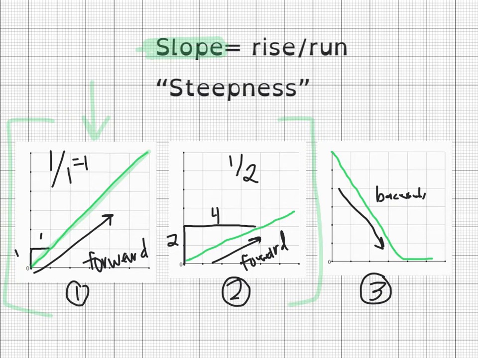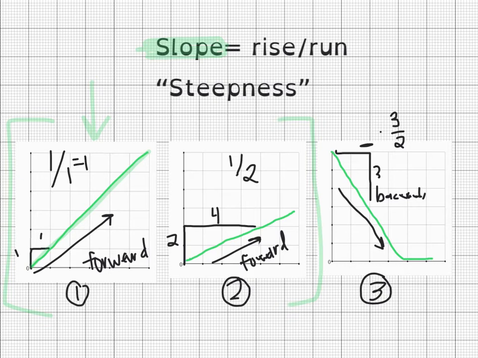Now, if we throw graph 3 into the mix, I'll draw a slope triangle out for graph 3. This one is going backwards, meaning it's going to have a negative slope. But it is over 2, down 3. So rise would be negative 3 over 2.